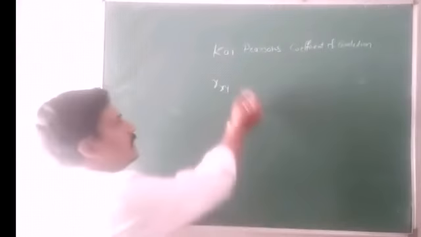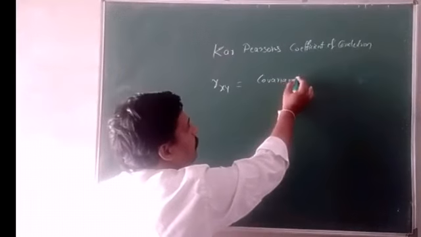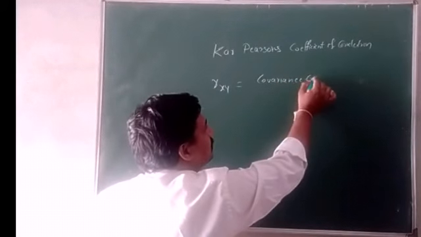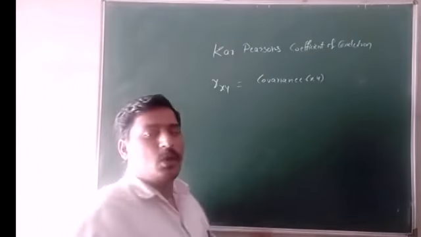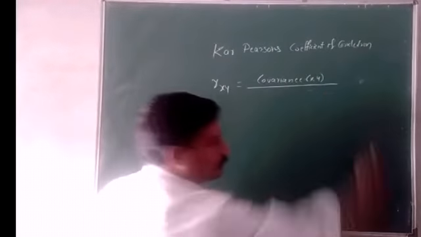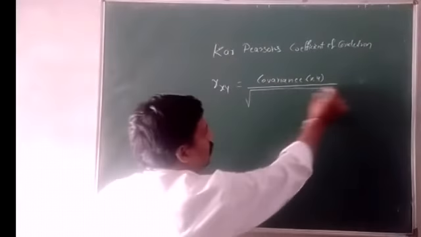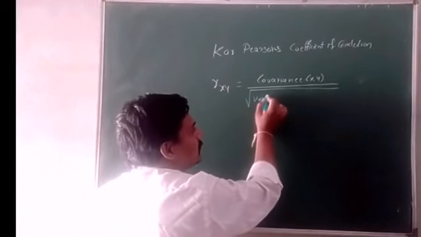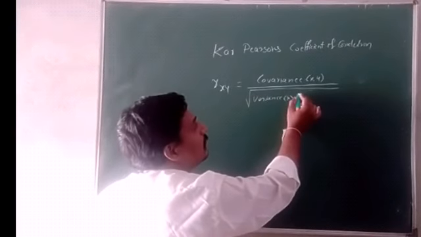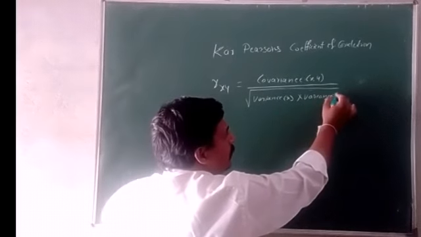So r is equal to covariance of xy divided by root of variance of x into variance of y.